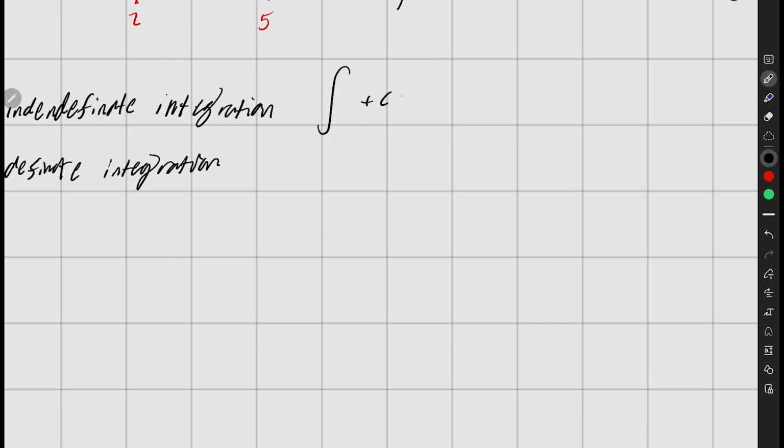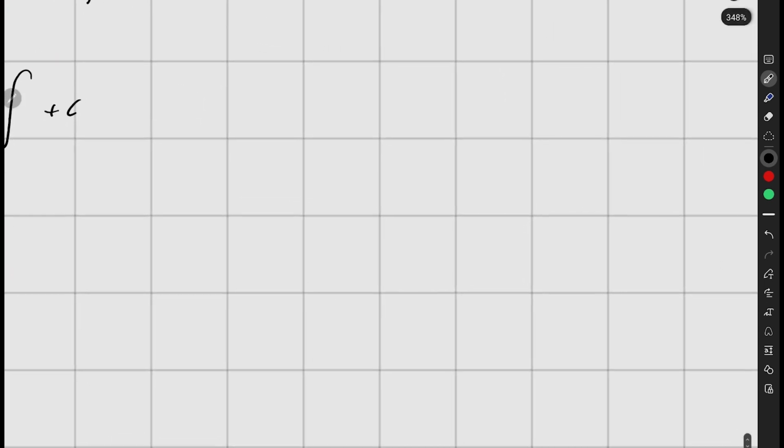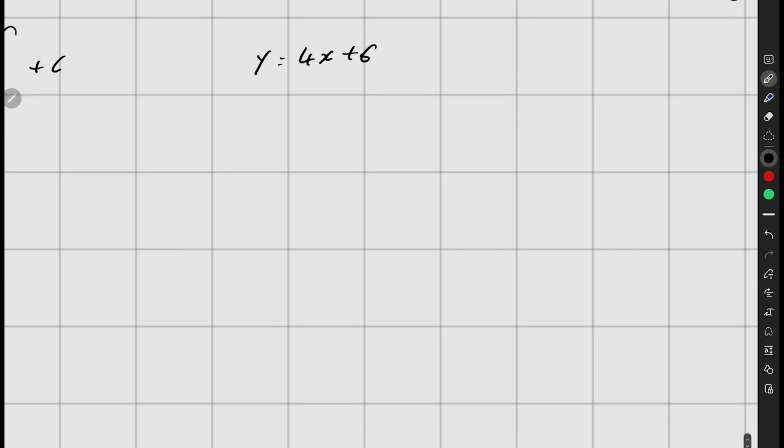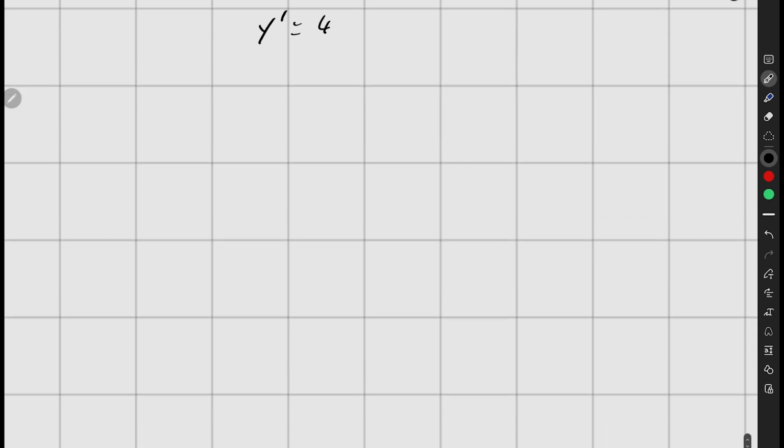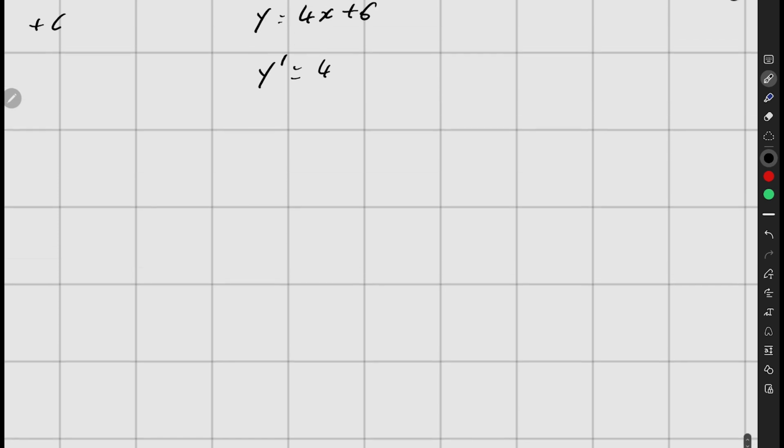For example, if you have y equals 4x plus 6, let's say we differentiate that to y dash equals 4. Integration, and I'll explain the rule later, but I just want to show you this first. It says the integral of y dash is going to be equal to 4x.